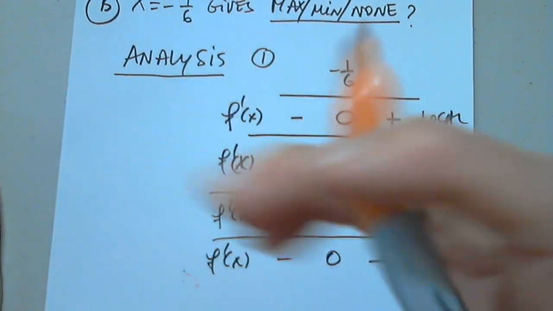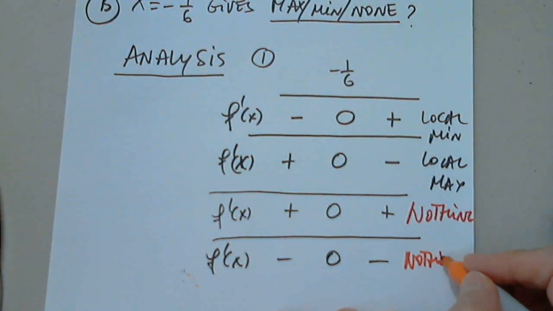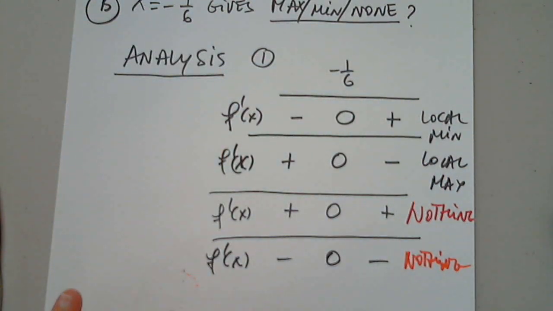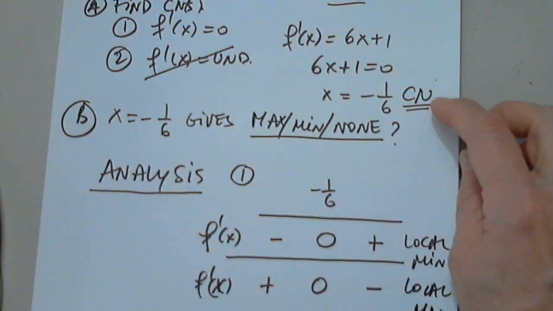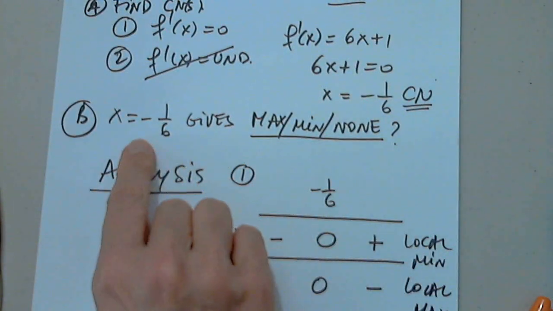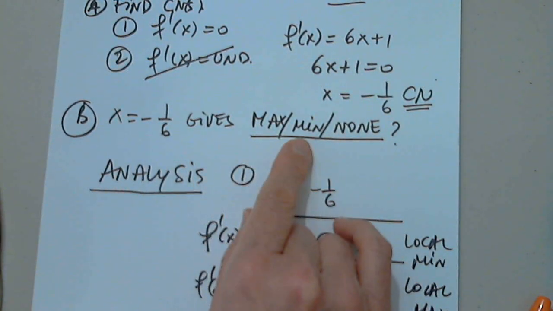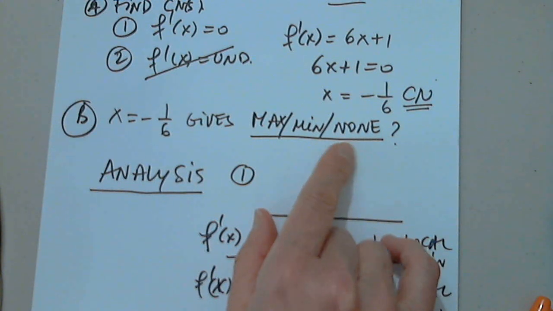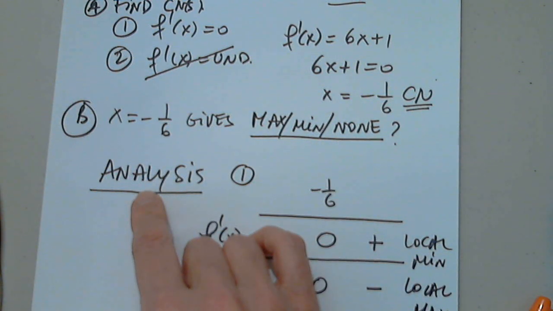Same. Yes, nothing. That's it. This is called the first derivative test. Okay, so once we have the critical number, we don't know if this gives a max or a min or nothing. We do the analysis.